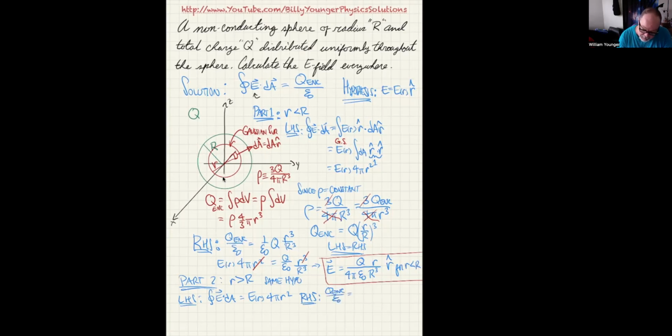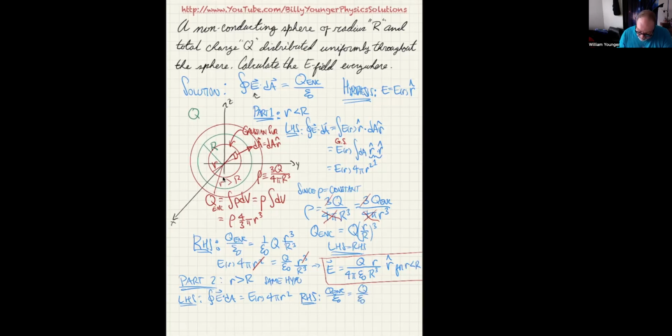My Gaussian surface that I'm considering now is actually this Gaussian surface, like so, whose radius is r greater than big R. So I know for a fact that the charge enclosed is all of the charge Q, so it's just Q over epsilon naught.